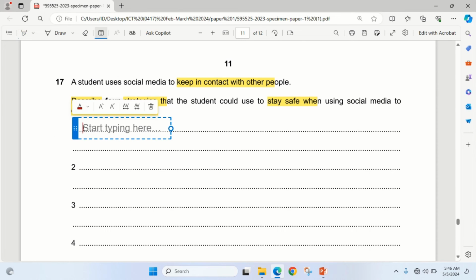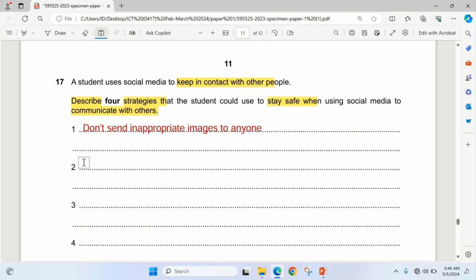So now the student needs not to send inappropriate images to anyone. That is very important. The student needs to use appropriate language when communicating with people.